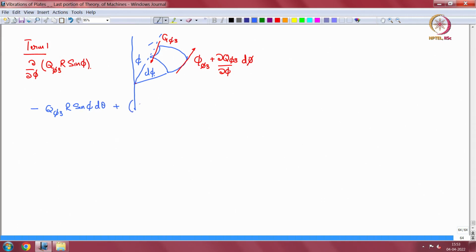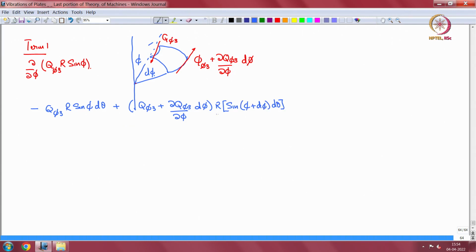Now the incremented side: q phi 3 plus del q phi 3 by del phi d phi, and the length also incremented, sine of phi plus d phi, d theta.